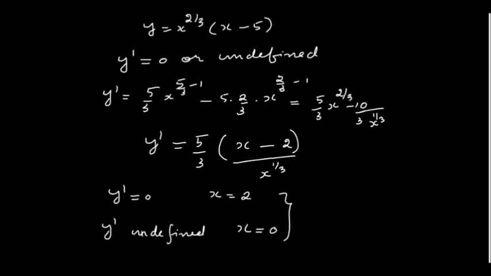When x is equal to 2, your y value you can calculate with the calculator, and you can write this as minus 4.8. And when x is equal to 0, you will get y also equal to 0. So these are the two critical points we have.